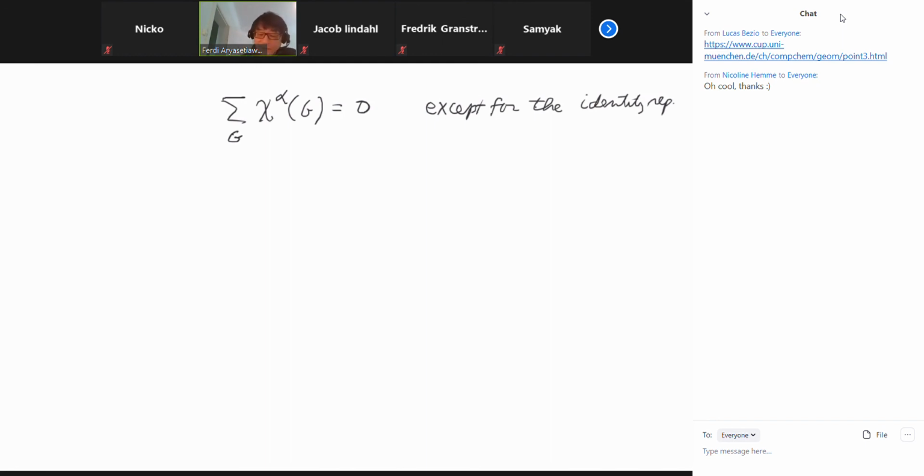So this is actually just what follows from the characters. So we have this sum over representations, chi of G, is equal to the sum, and so this is the trigonometric. Well, then we choose alpha to be the position.